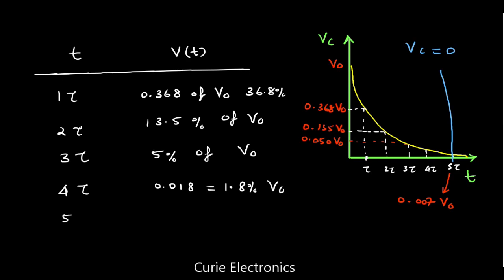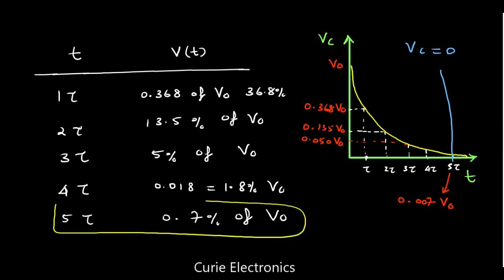Finally, after 5 time constants, it reduces to 0.7% of V0. So after 5 time constants, there is practically no charge with the capacitor. So for all electronic calculations, we use this 5 tau. After 5 tau, capacitor charge is almost 0, voltage also 0, current also almost 0.